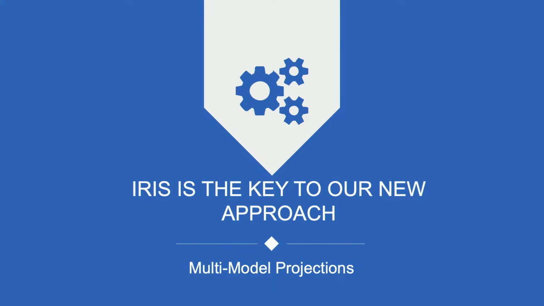Without that capability, we would be left with the same problem that other vendors have, which is basically extracting and moving the data to a separate analytics repository. Here, you will not need to do that because you can project this data using the multi-model capabilities of IRIS, which is really ideally suited for this type of task.